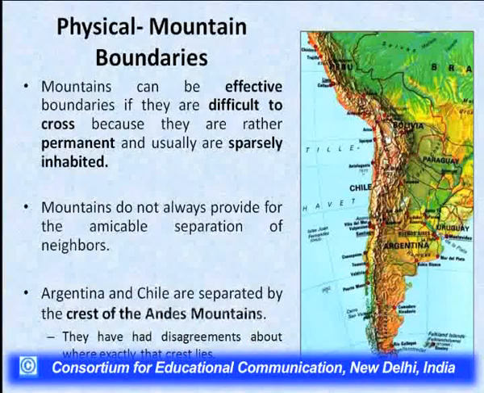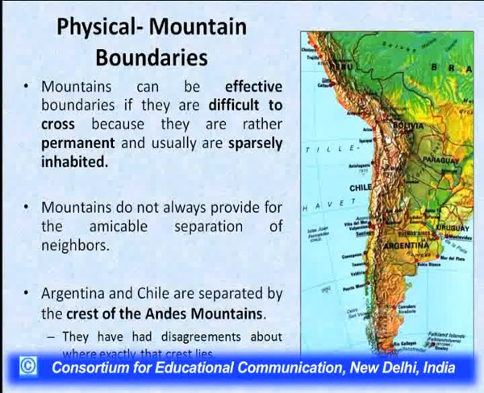In fact, the mountain boundary is very physical in nature and very effective, because the mountain region is very permanent in nature. The boundaries usually cannot be changed, especially in an inhabited region.